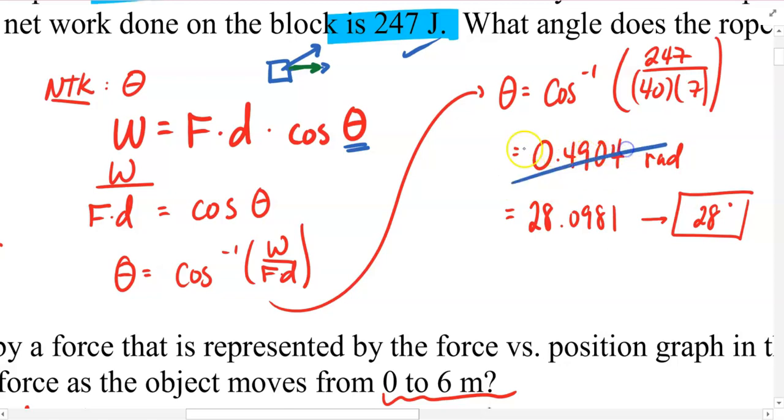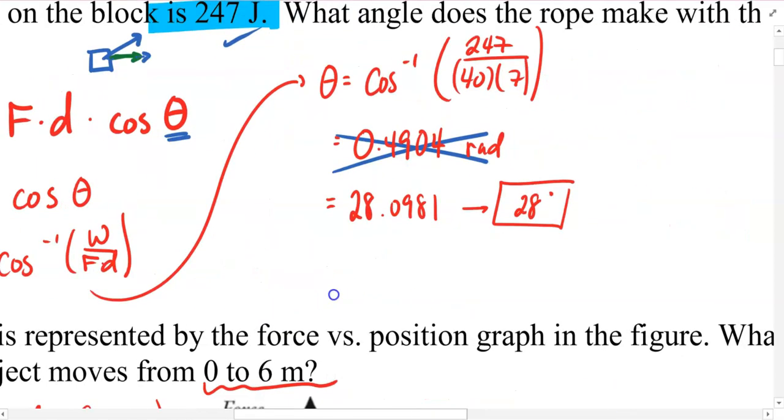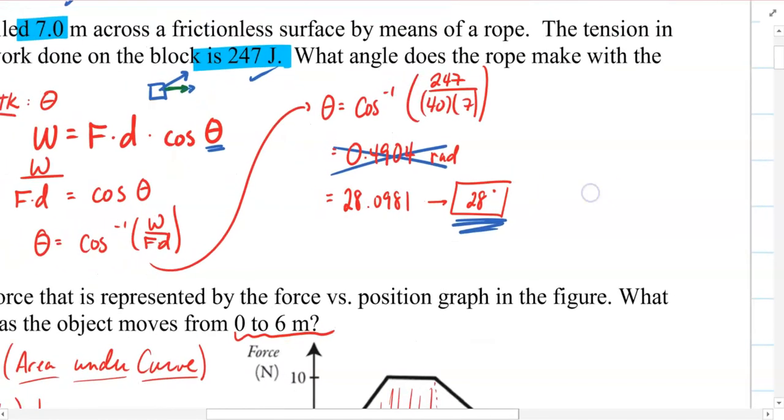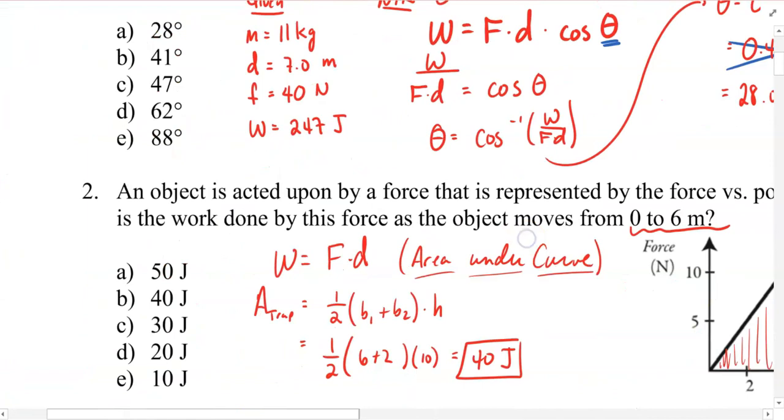We tend not to want radians in this format. Radians would be appropriate for rotational angles, but for angles between two straight lines, let's go ahead and report that in degrees. And when I switched to degree mode, I ended up with 28 degrees as a result. And that does appear to be an option on the multiple choices.